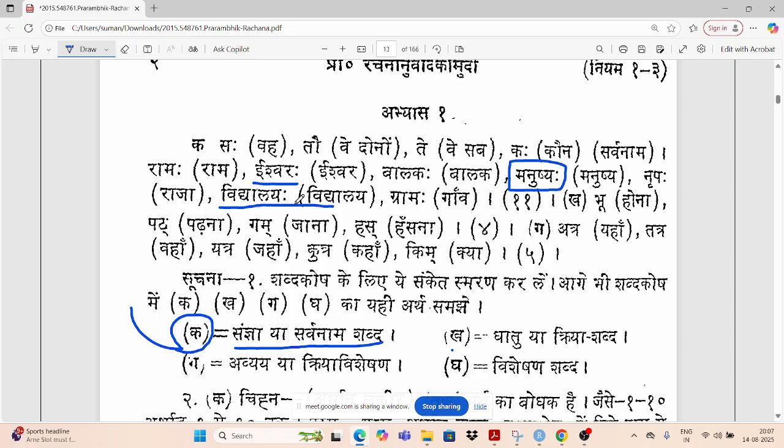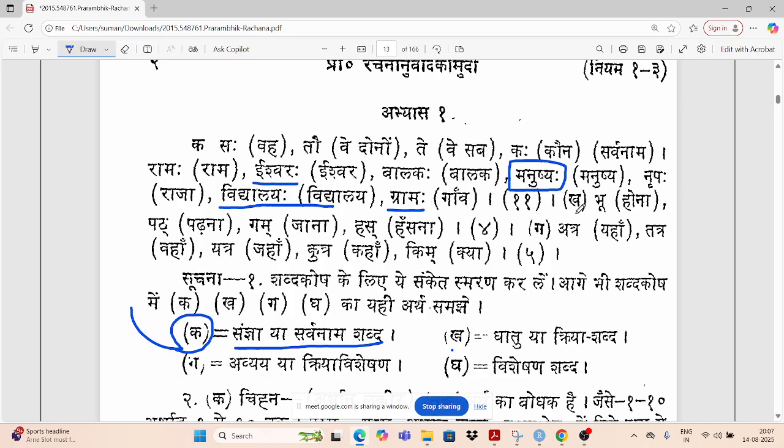Vidyalayah, Vidyalayau, Vidyalayah, Vidyalayam, Vidyalayau, Vidyalayan. And then Gramah, Hamid ji. Gramah, Gramau, Gramaha, Gramam, Gramau, Graman. Perfect.